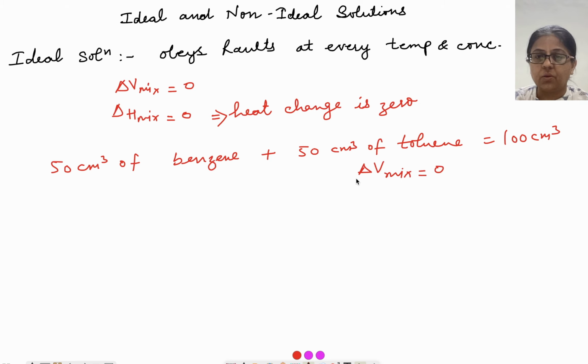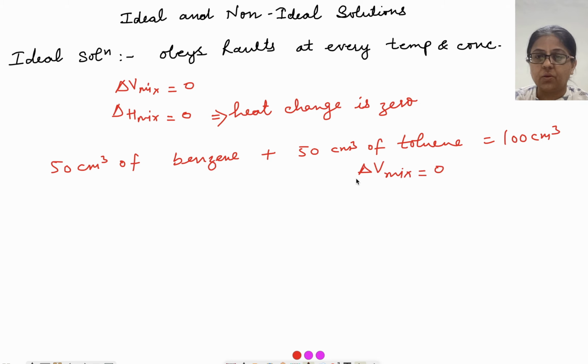So when we draw the graph for vapor pressure and mole fraction, in case of two components, suppose we are taking here component A mole fraction equal to 0, and slowly we take it to unity.